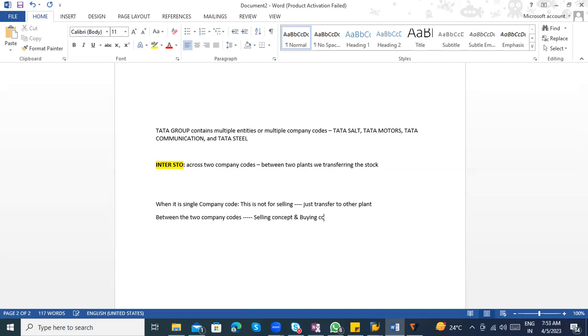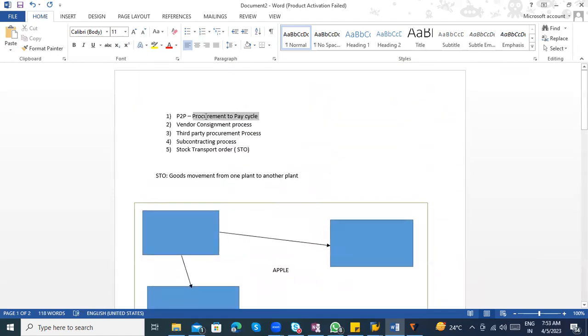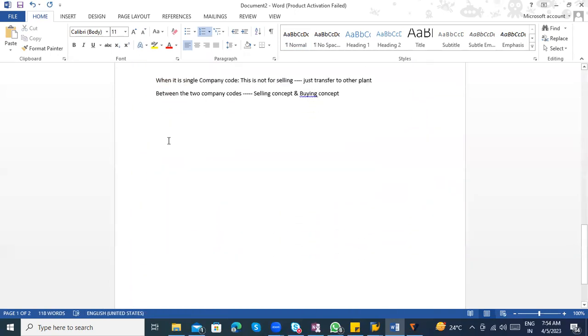That means whatever we do in the above P2P cycle, or sales order to customer payment and receipt, all this process will come under this.